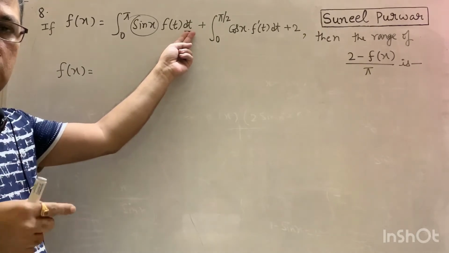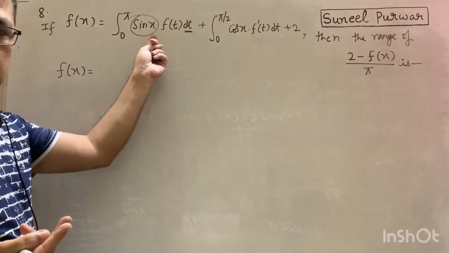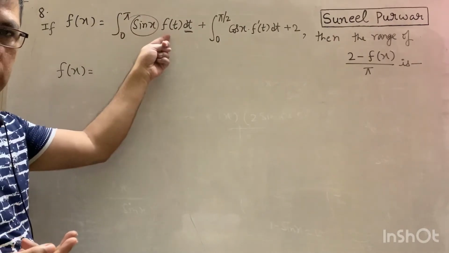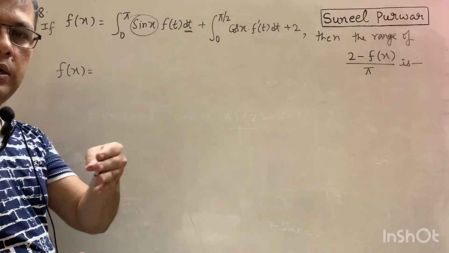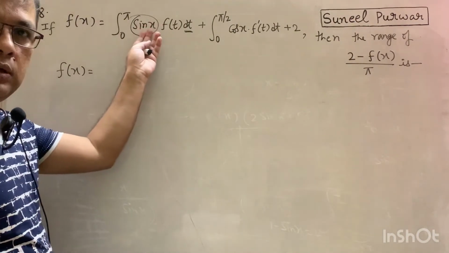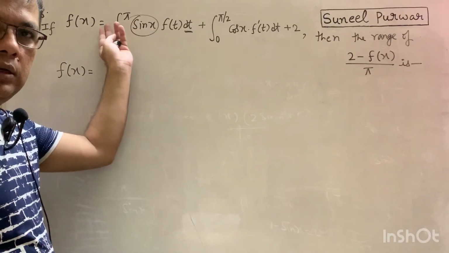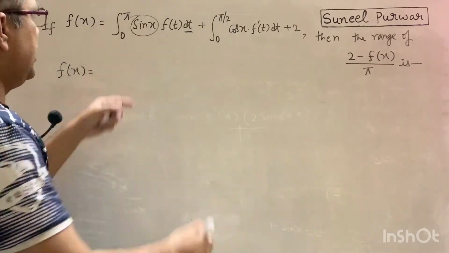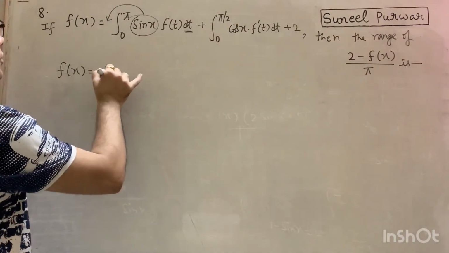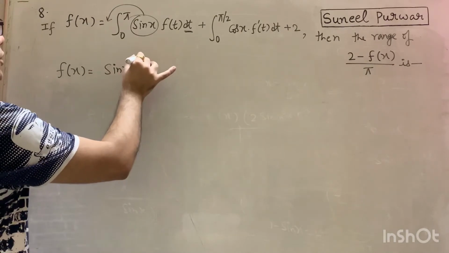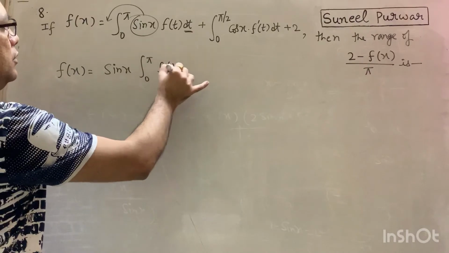Anything not depending on t will be constant for this integral, and in a definite integral, constants can be taken in and out of the integral sign in multiplication. So this sin x will move out because it's a constant right now. So sin x into the integral from 0 to pi of f of t dt.